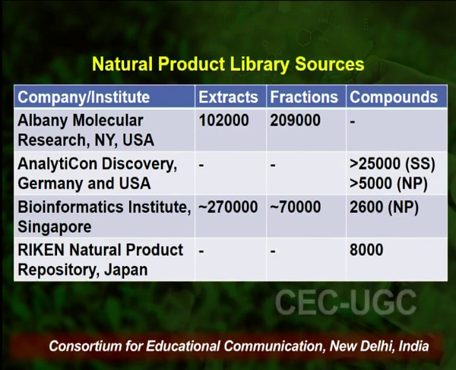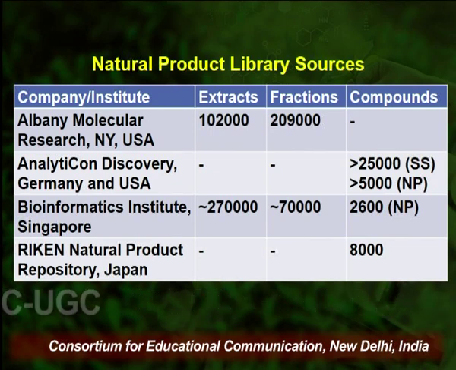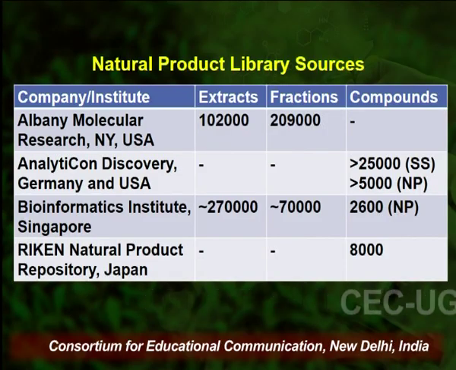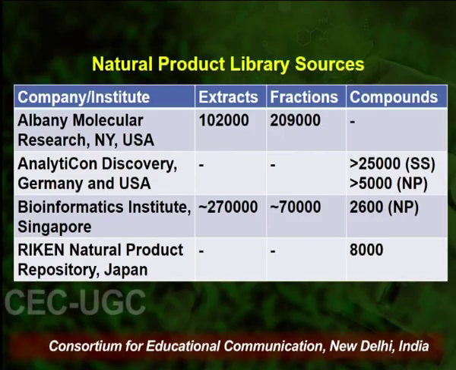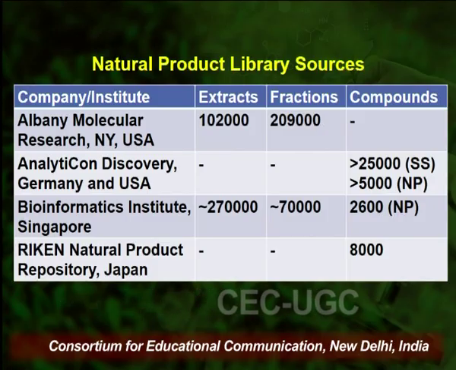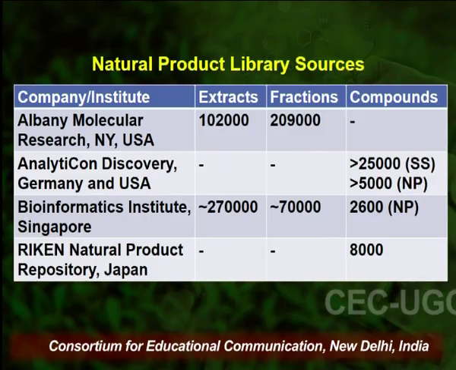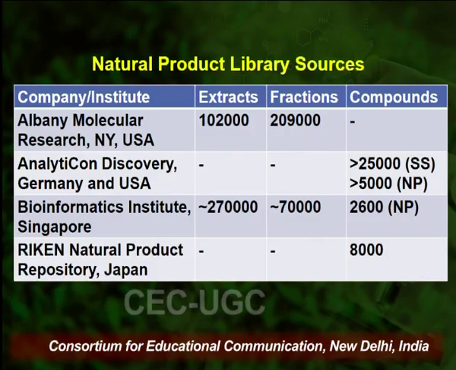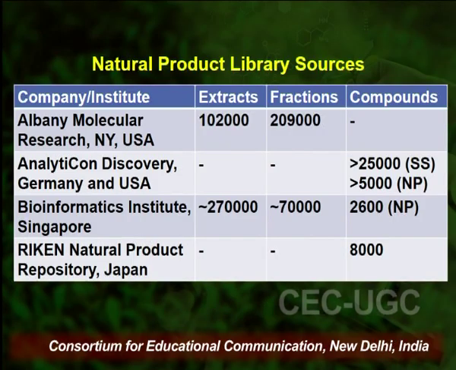Now this is the natural product library sources which I was talking about. There are a few institutes, and you will see that the majority of the institutes have a higher number of pre-fractioned libraries in comparison to extract libraries, barring one or two institutes. And you will see that the majority of the institutes have a very small number of pure compound libraries.